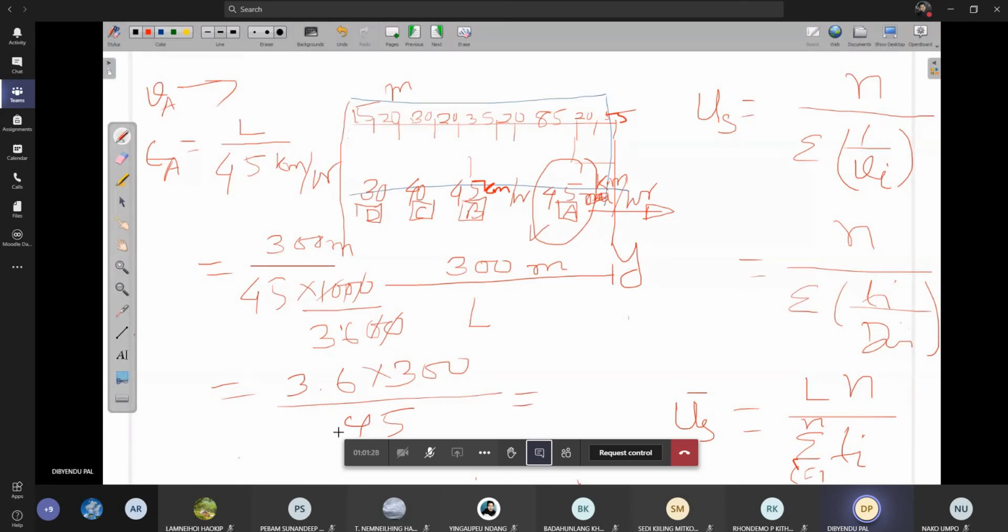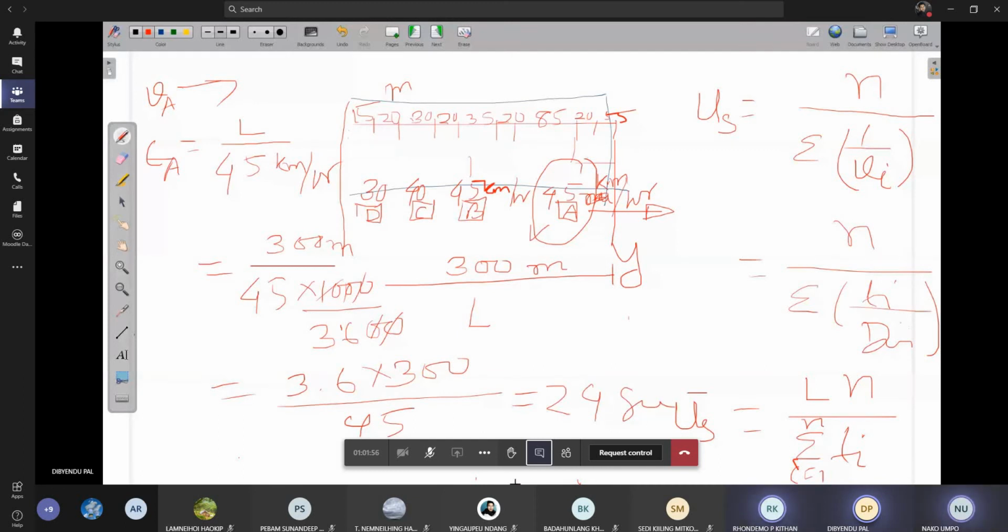How much time? You have a calculator? Do it. 3.6 into 300 divided by 45 is giving 24 seconds.